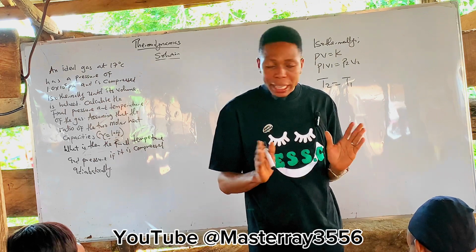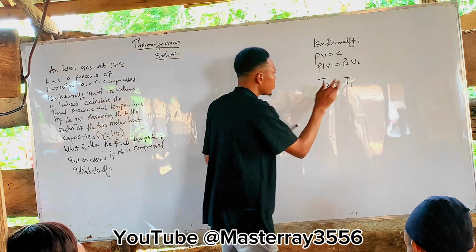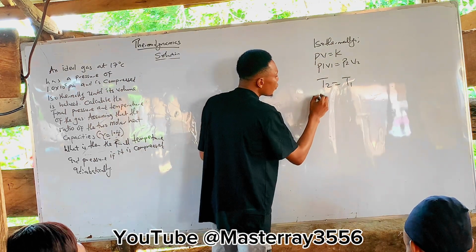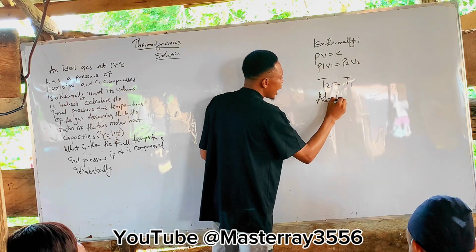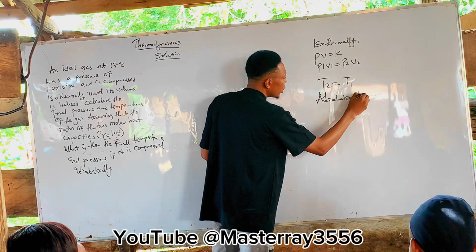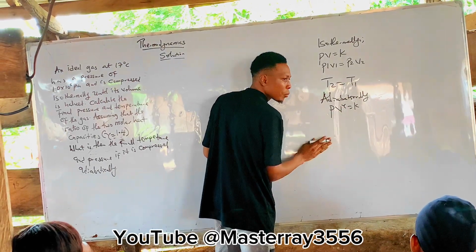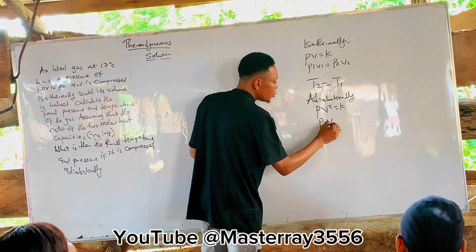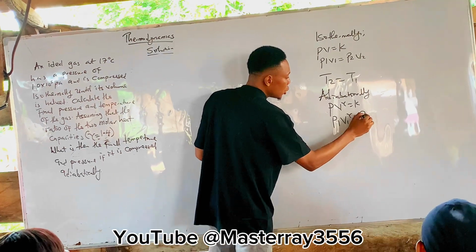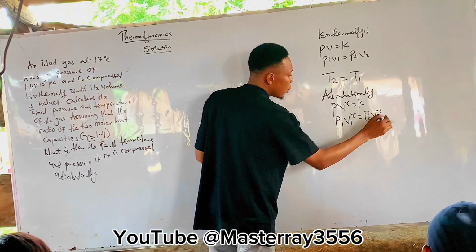So this time around, in terms of an adiabatic process, we have PV^gamma equals K. So that is P1 V1^gamma equals P2 V2^gamma.